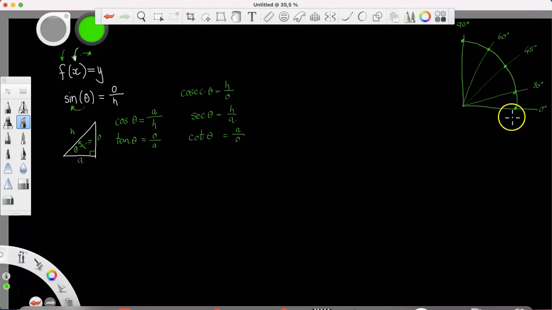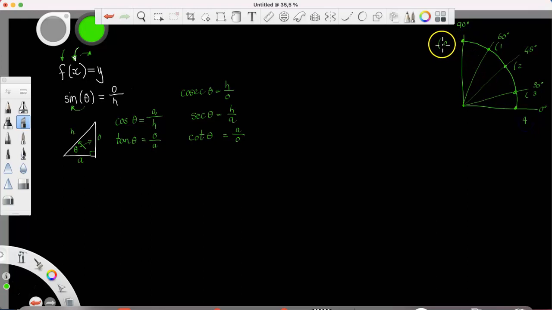What you're going to do is number the x values. You're going to start with 0, and then 1, and then 2, and then 3, and then 4.